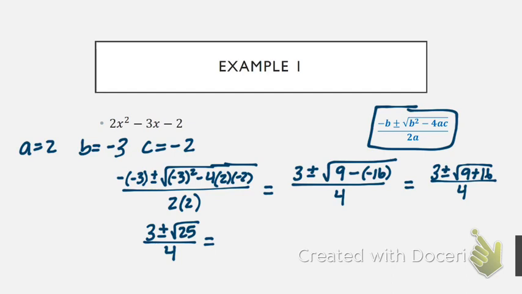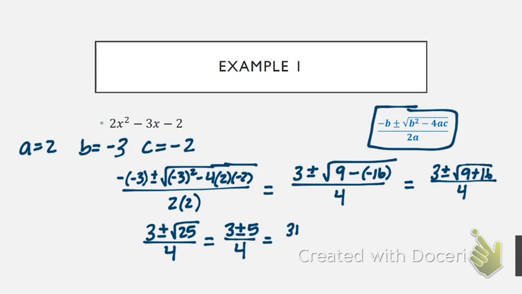The square root of 25 is 5. And then quadratics have two answers. So I have 3 plus or minus 5 over 4.